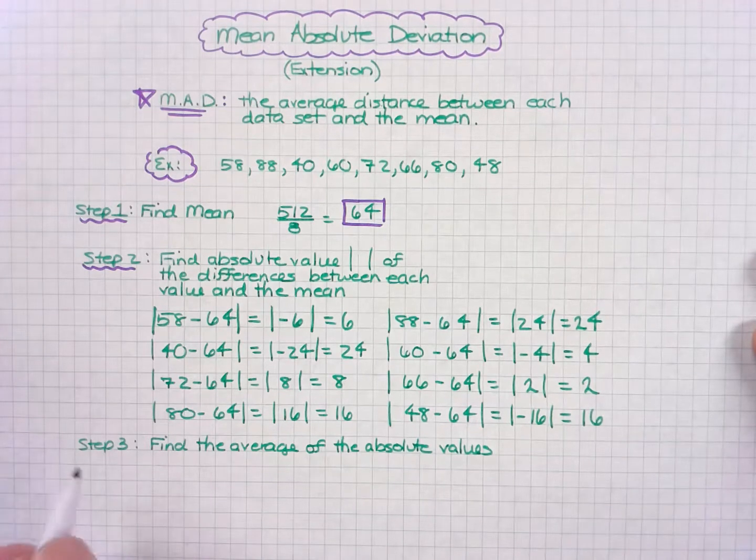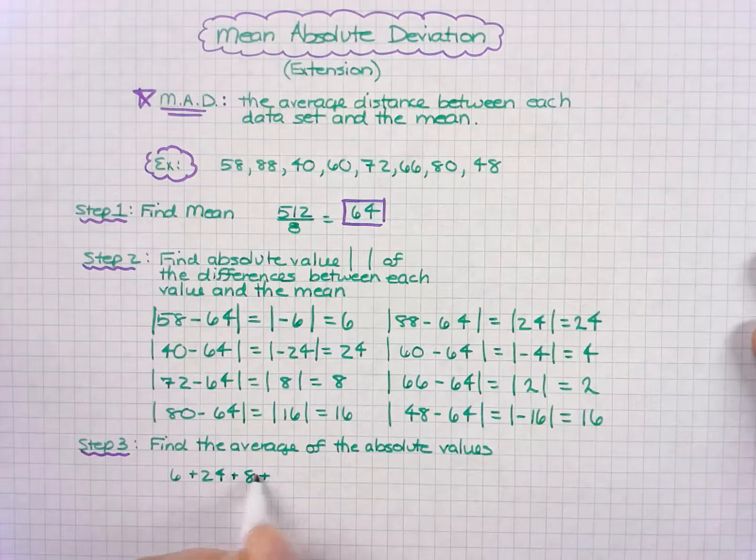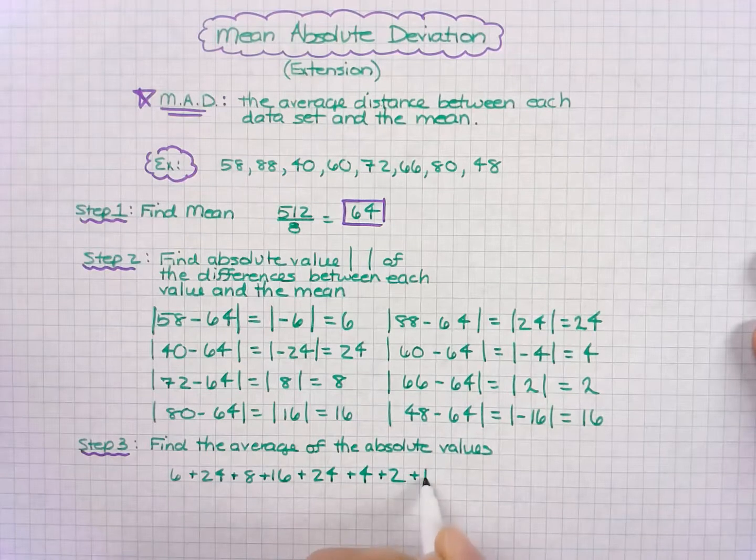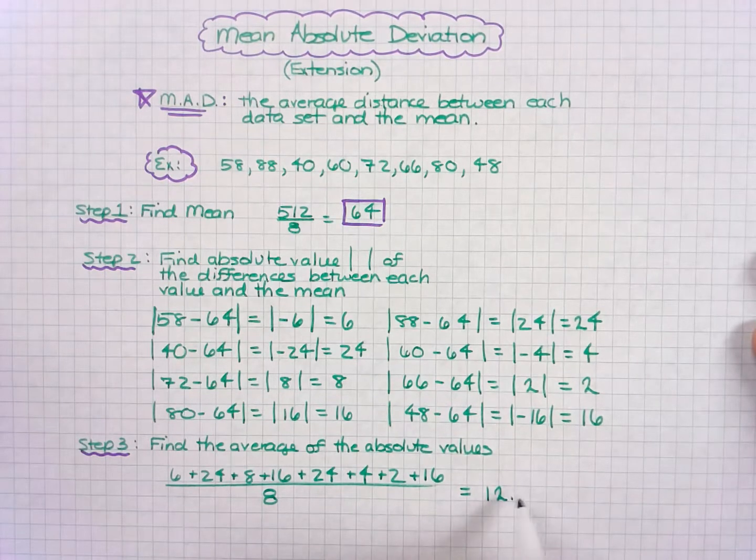So I just have to add all these up. We have 6 plus 24 plus 8 plus 16 plus 24 plus 4 plus 2 plus 16. I divide all that by 8. And I get a mean absolute deviation of 12.5.